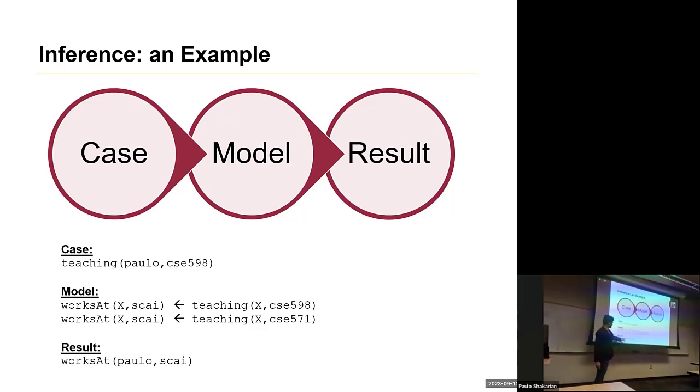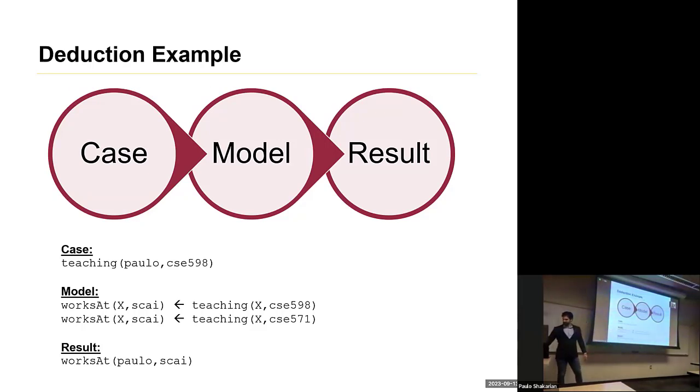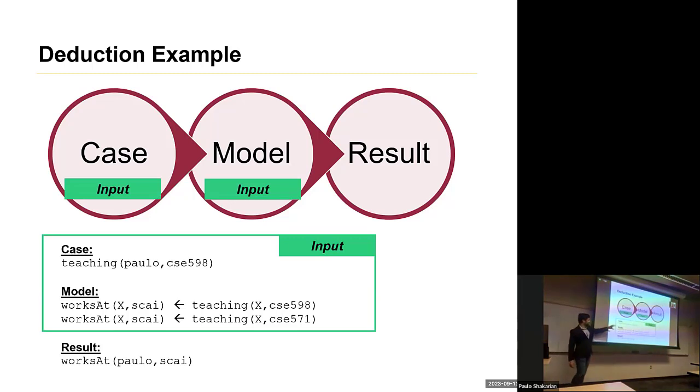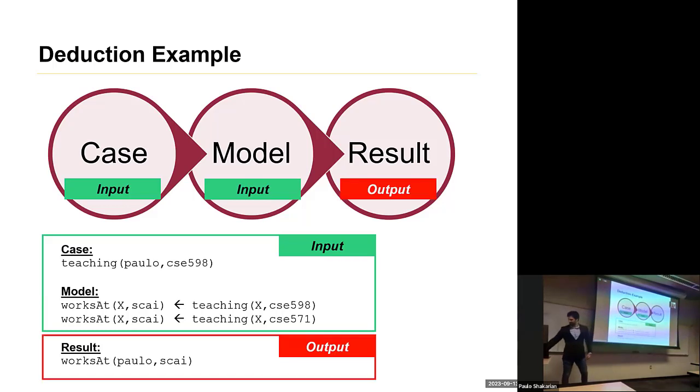And here we have a result that I work at the computer science department. So deduction, this is the input, the case and the model. Clearly, if I'm teaching CSE 598, this rule fires, and we get that. And that is the output, the result.